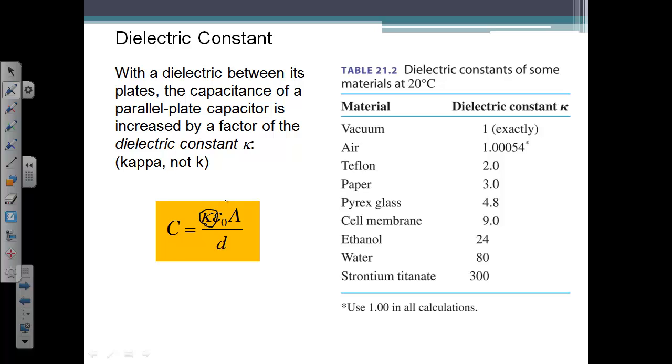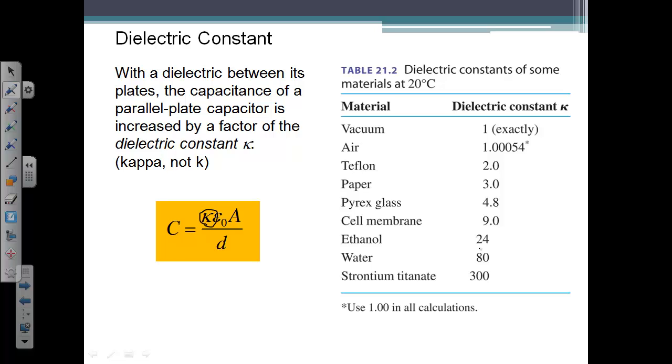So kappa is equal to 1 for a vacuum and approximately equal to 1 for air, and is equal to a number greater than 1 for any insulators that we insert in between the two sheets of a parallel plate capacitor. So you can see a bunch of different values: Teflon, paper, Pyrex glass, strontium titanate. All of these will increase the capacitance by decreasing the strength of the electric field in between the plates.